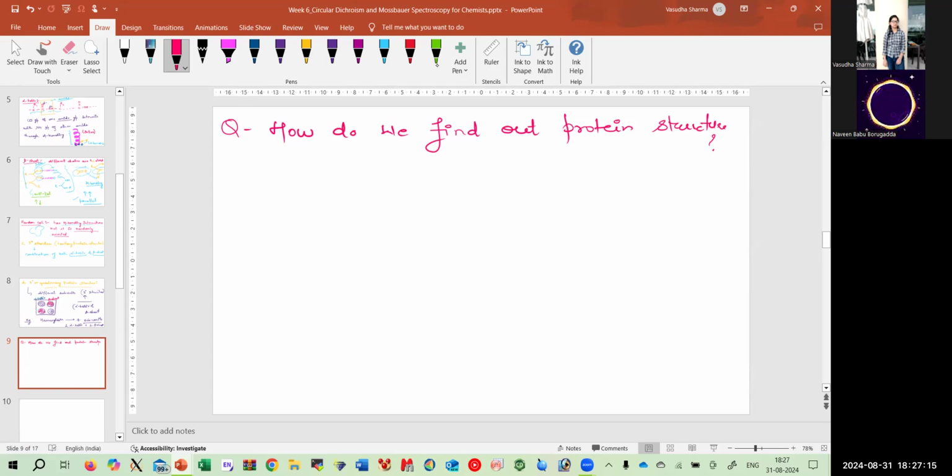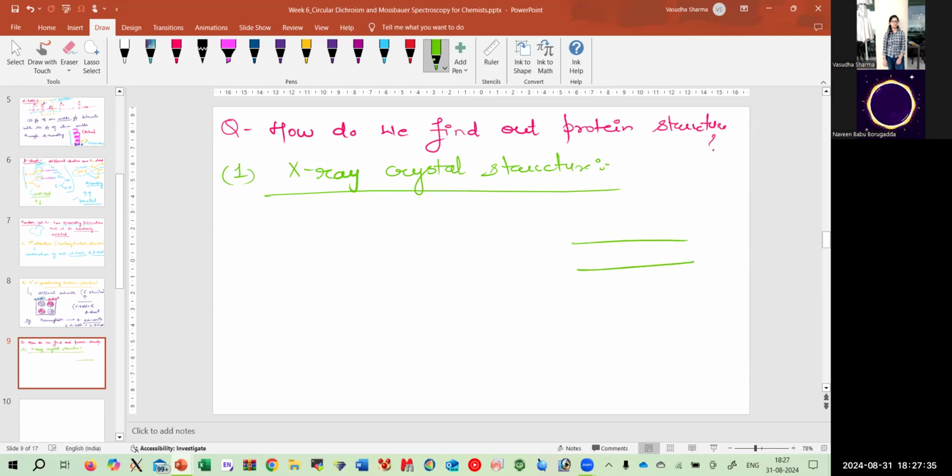Generally, we know that one particular spectroscopy or analytical tool that we have in hand is X-ray crystal structure, the diffraction. So how does it work? Just a basic principle. If we have atoms in different planes, I'm just taking a normal example, and we pass X-rays, they would strike the atoms at a particular plane and then reflect back.